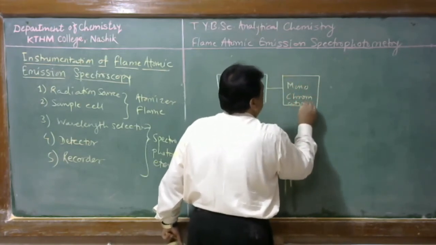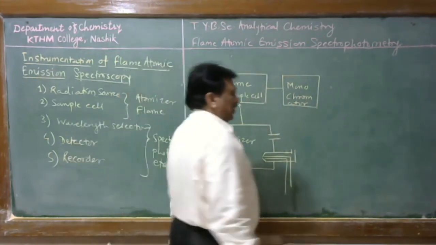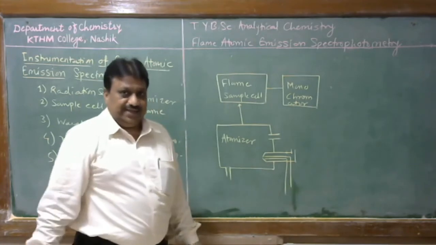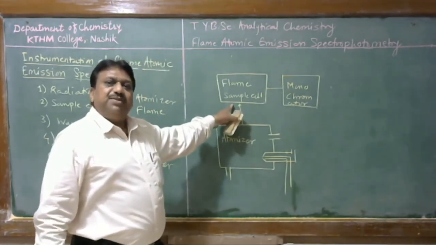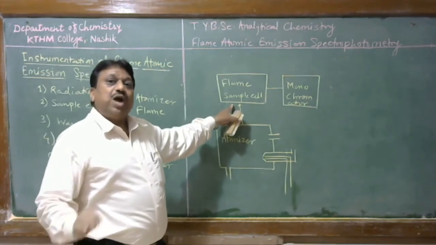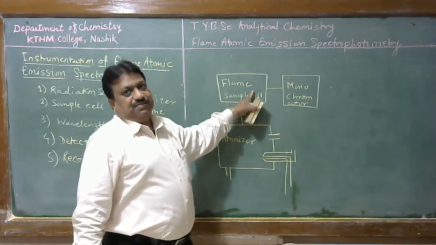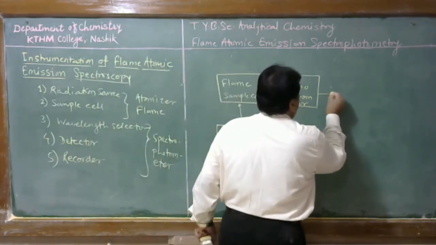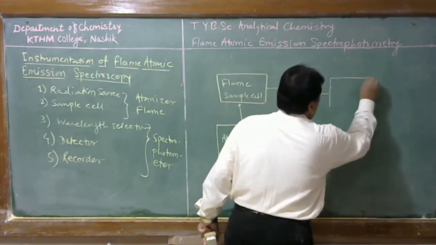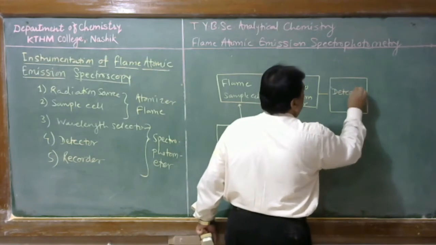Function of monochromator is to isolate a particular emission line, not to obtain a monochromatic line. Function of monochromator in this flame emission spectroscopy is to isolate a resonance line emitted by the test metal present in the flame. This monochromator isolates that particular resonance line. Its intensity is detected by a photodetector.